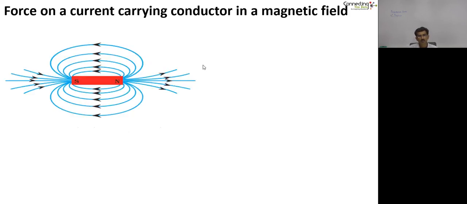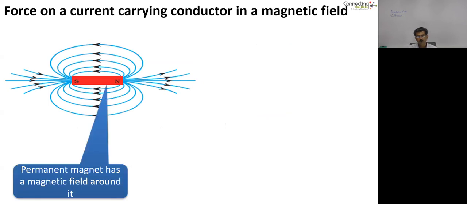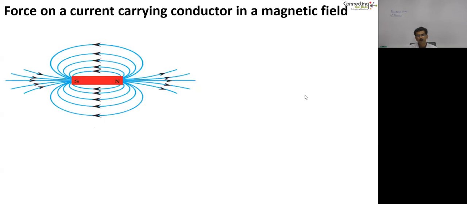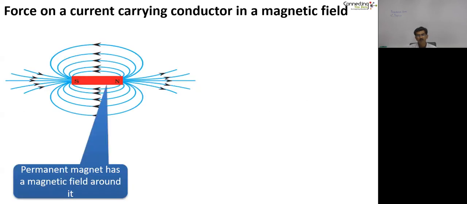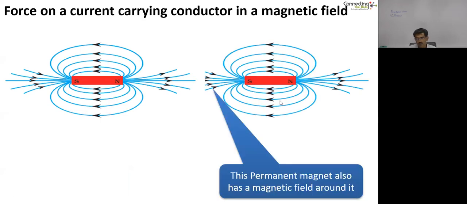Moving ahead, this is a very simple question I'll ask you. What would happen if I brought a magnet which has a magnetic field around it and kept it near another magnet which also has a magnetic field around it?